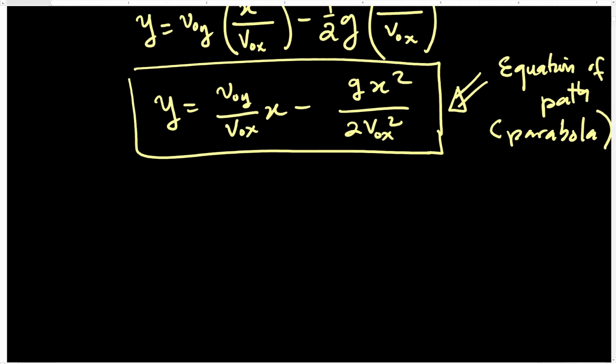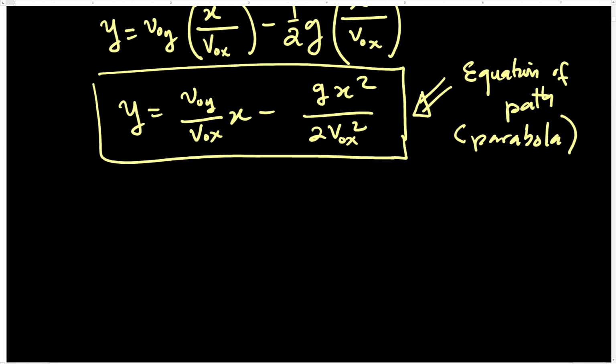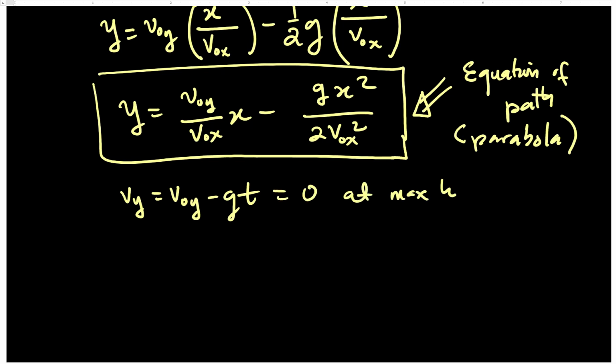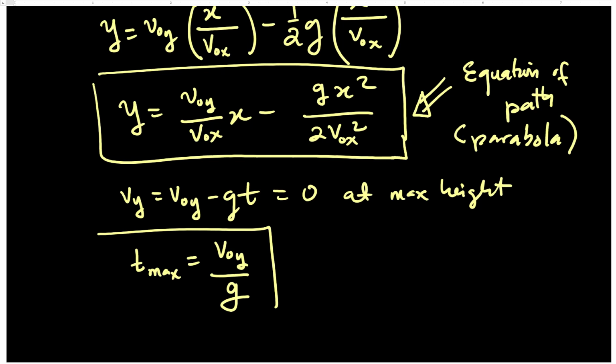Because Vy is equal to Voy minus gt, and this is equal to 0 at maximum height. This means that t max is equal to Voy divided by g. This is the time to reach maximum height.